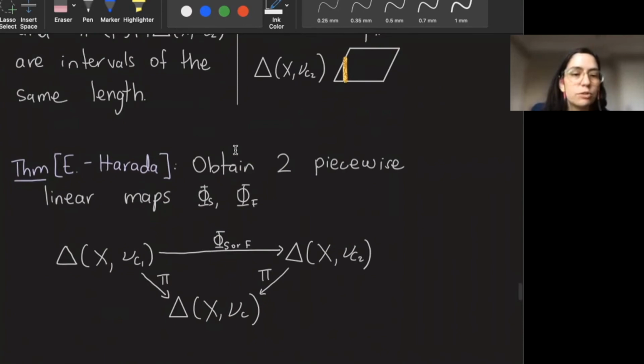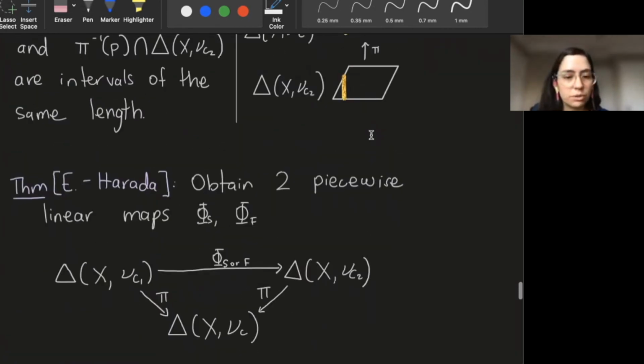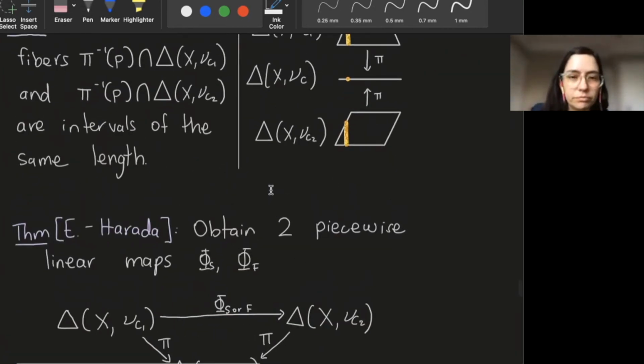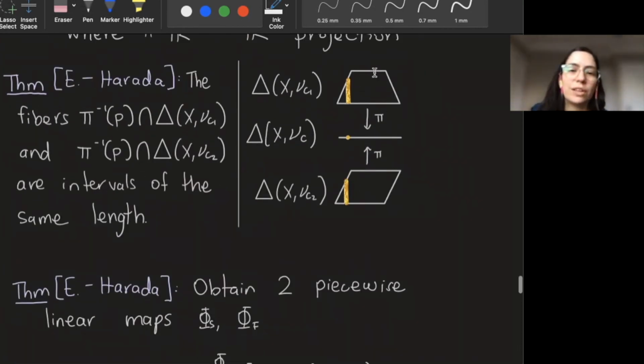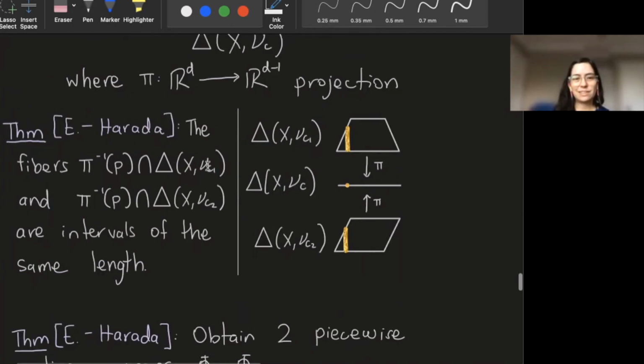So we obtain two piecewise linear maps, the shift and the flip. The shift is literally what I just told you. And the flip is just, well, if you take this polytope and you flip it, you still have a polytope that satisfies these properties, right?